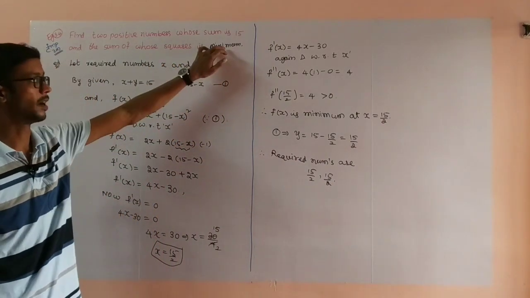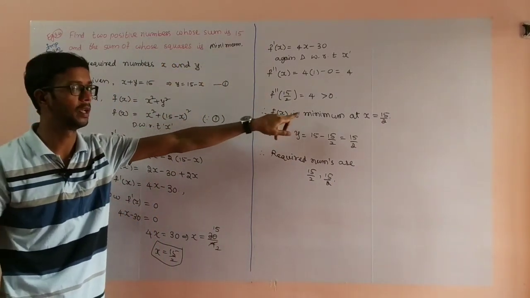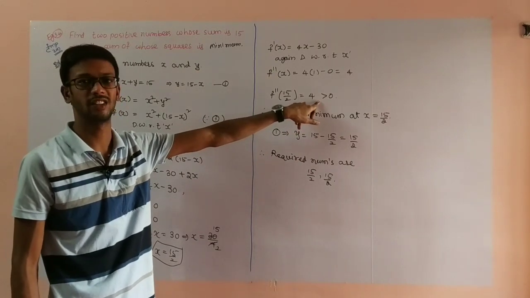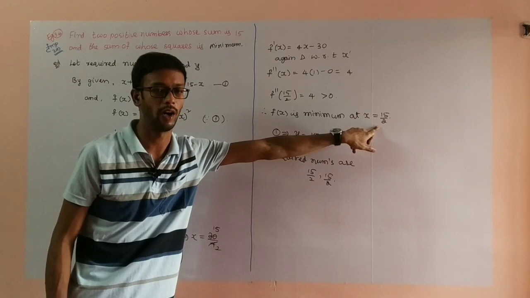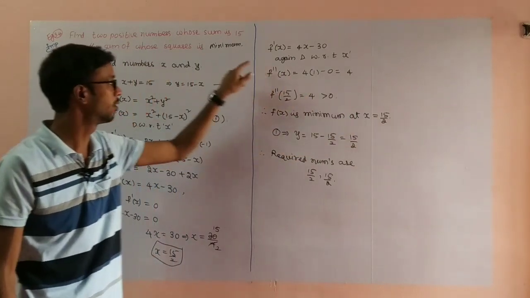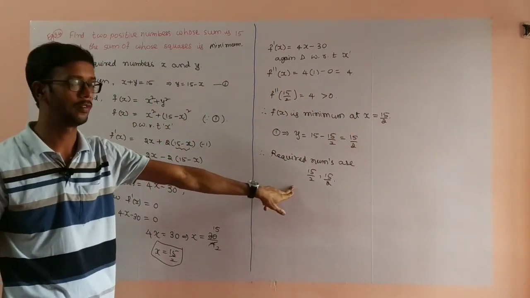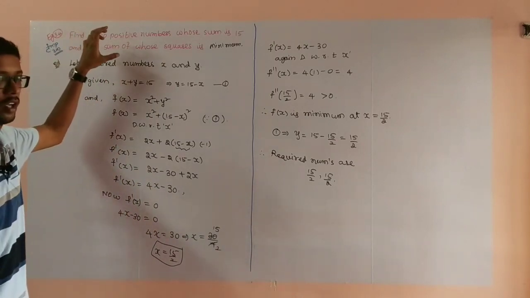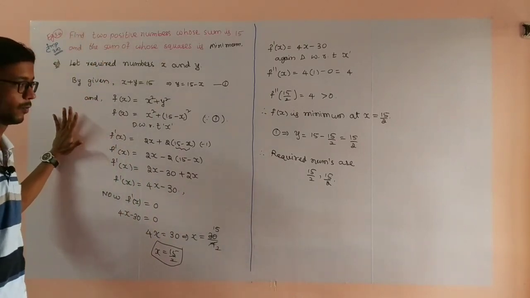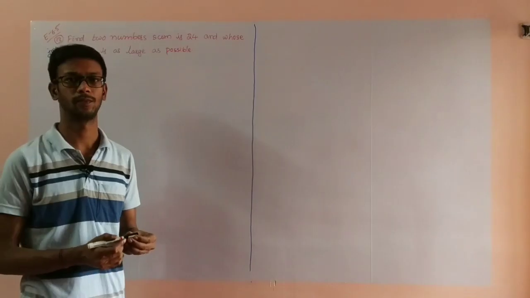Minimum is asked here. When you get f double dash greater than 0, then the function is minimum at that critical point. So x equal to 15 by 2, and y is also 15 by 2. This is the process for finding the theory question by the double derivative method. So pause the video to note it down.